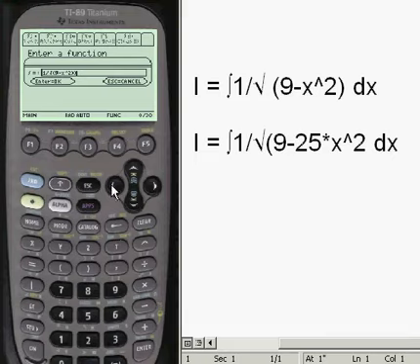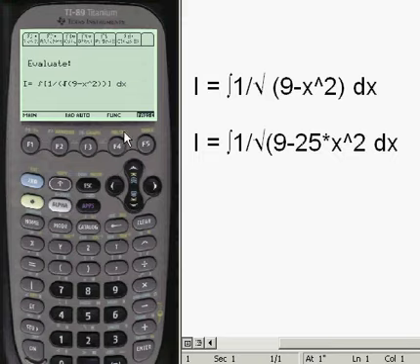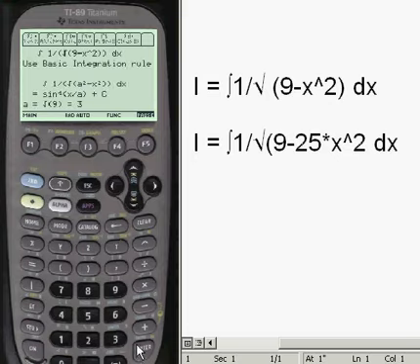I forgot to put the left parenthesis after the division sign, so I'm going to go back here and put it in. Press enter. And I always show you what you've entered so you can change it in case you made a mistake. We don't want to change it, so we say it's okay. And we're into the problem.